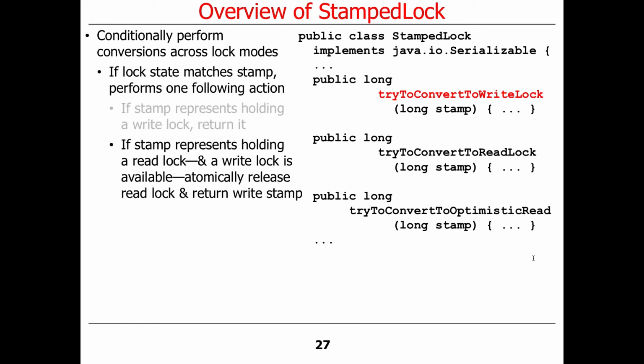If it represents a read lock, in contrast, so if you have the lock in read mode, as you will for your assignment 3B, then if the write lock is available, in other words, if nobody else is holding it, it will atomically release the read lock and return a stamp that indicates you have the write lock now. So you atomically and very efficiently upgrade the lock from read lock to write lock. That's what it means to upgrade, go from read to write.